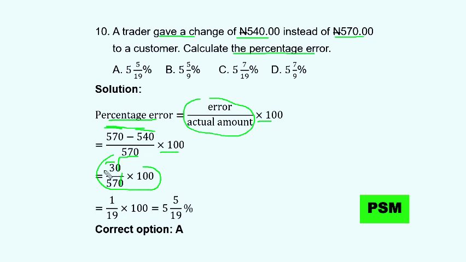If you reduce from here again, you have 1 over 19 times 100, which is equal to 100 over 19. That is an improper fraction. When you convert to a mixed fraction or number, you have 5 whole number 5 over 19%. So the correct option is A.